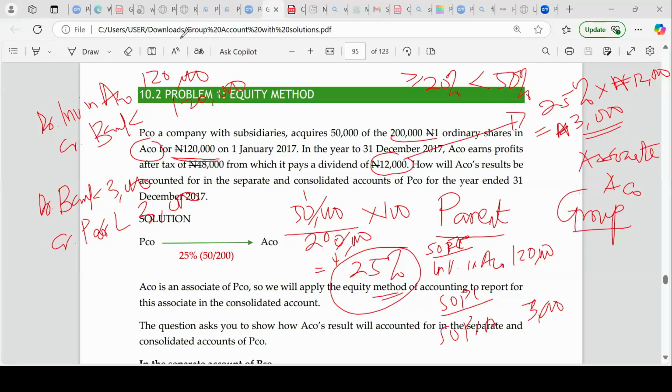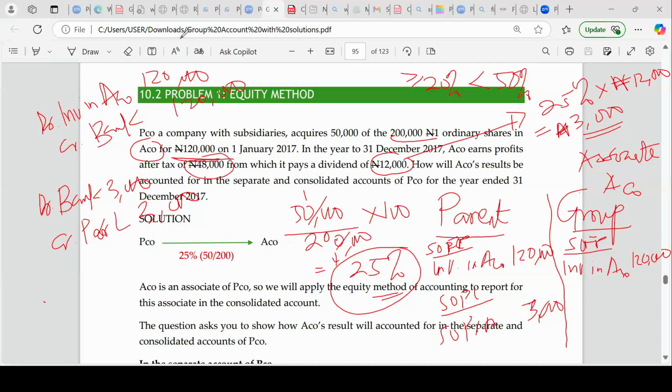When it comes to group, and this is what we refer to as equity accounting now, they will also have had SOFP, investment in ECO, same amount, 120,000. All right. However, when we want to recognize this profit, they made a profit after tax of 48,000 naira.